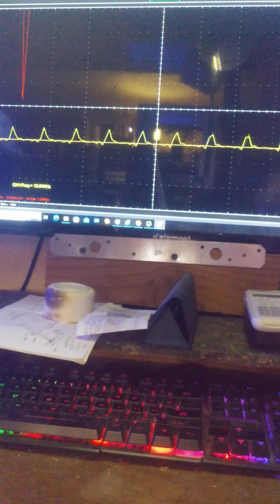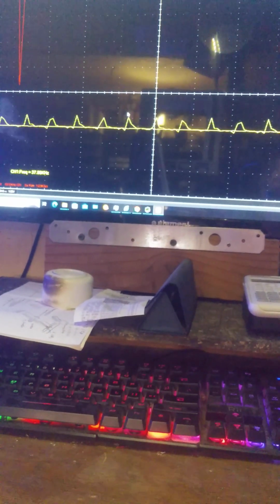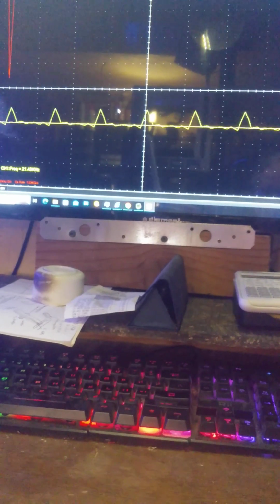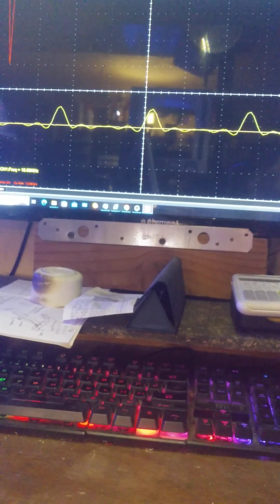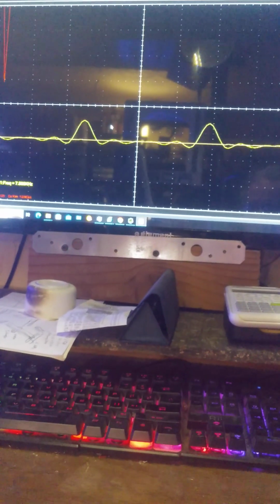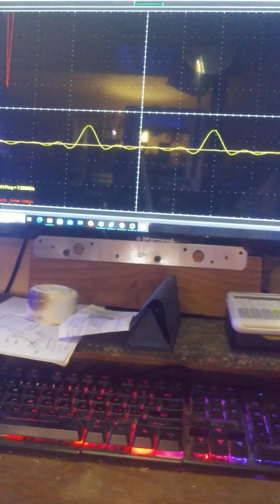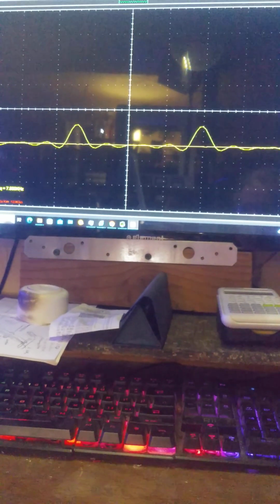So again, like I said, it's not really reducing down to 100, down to 40. Like I've seen in other videos, still it's saying channel 1 frequency is 7.5 kilohertz. I got it set at 30. See?